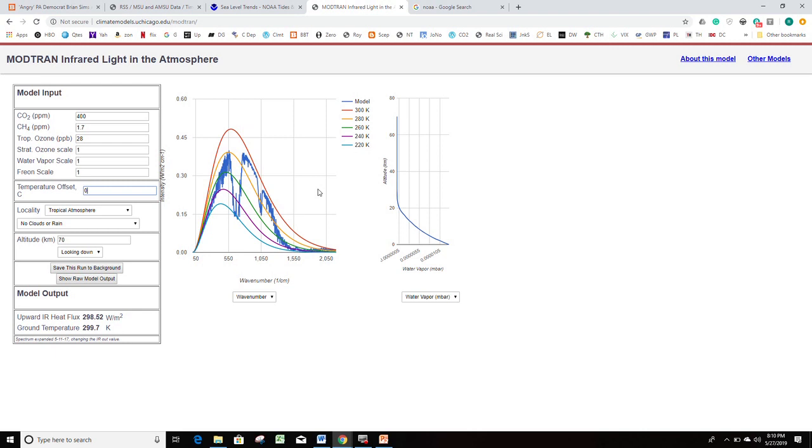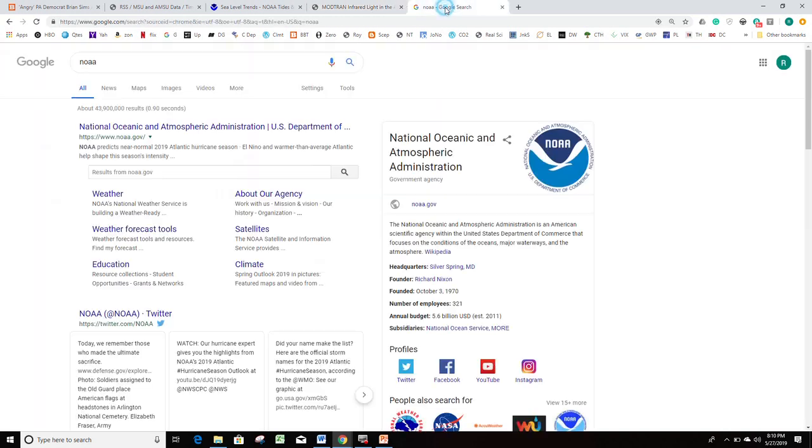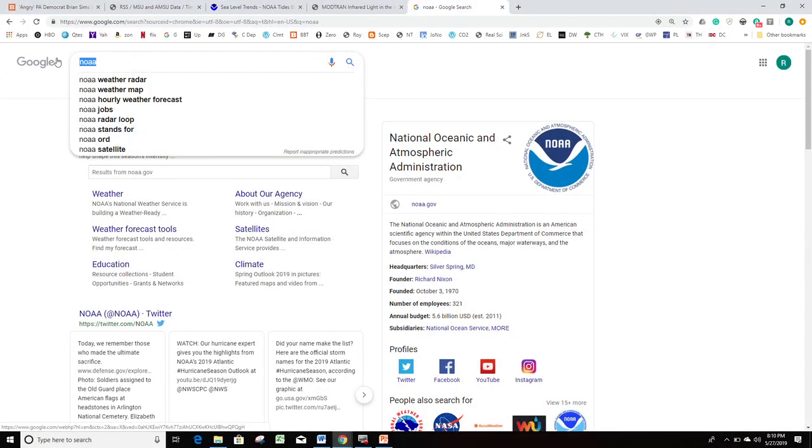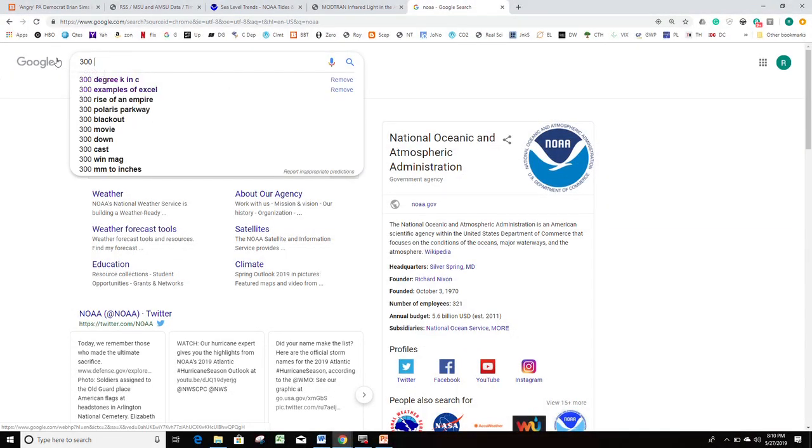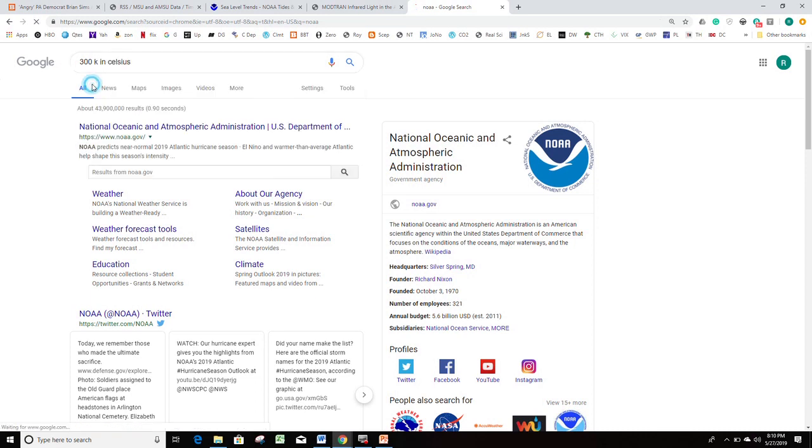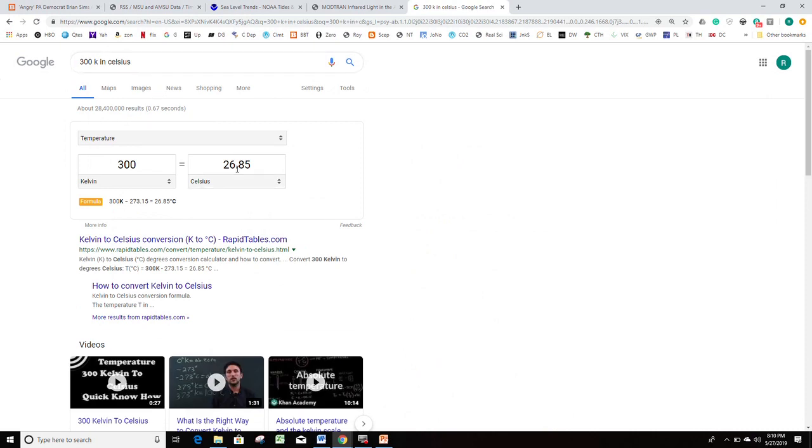Now this temperature is set for, I think, a ground temperature of 300 K. I think that's about 80 degrees Fahrenheit, a little bit warmer than room temperature. So this would be about an average summer day? Yeah, let's check something. 300 K in C. Okay, it's about 26 degrees Celsius, and that is 80 degrees Fahrenheit.